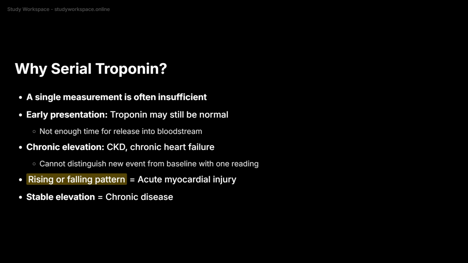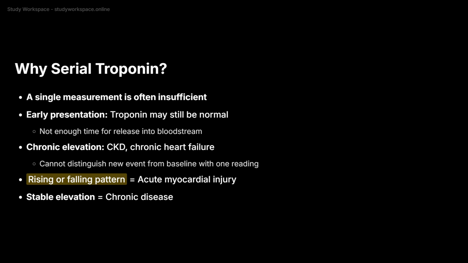A single troponin measurement is often insufficient. Imagine a patient presenting very soon after the onset of chest pain. At that stage, troponin may still be within the normal range because not enough time has passed for it to enter the bloodstream. On the other hand, some patients have chronically elevated troponin levels due to conditions such as chronic kidney disease or chronic heart failure.